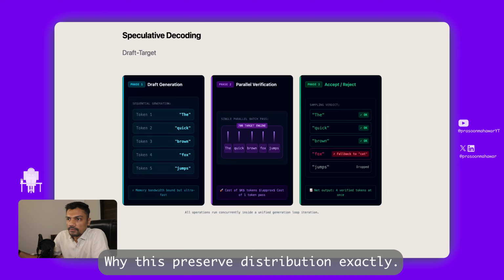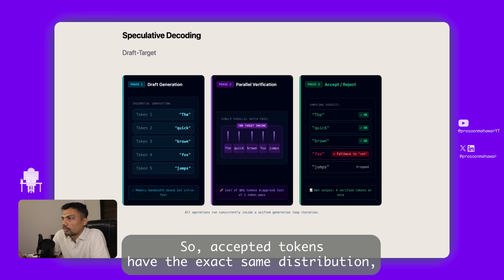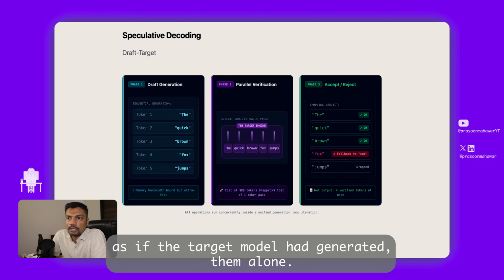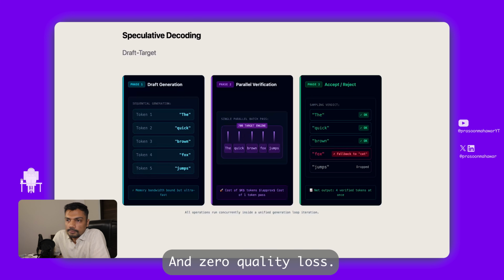Why does this preserve the distribution exactly? Because the rejection sampling scheme is carefully designed so accepted tokens have the exact same distribution as if the target model had generated them alone, with zero quality loss.